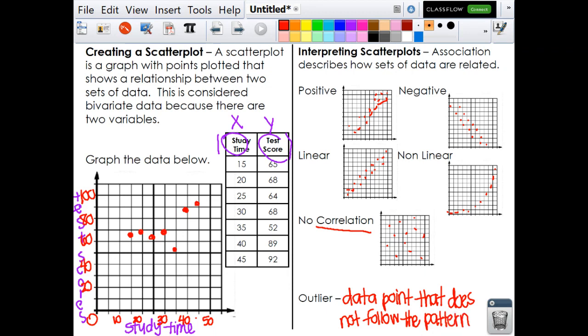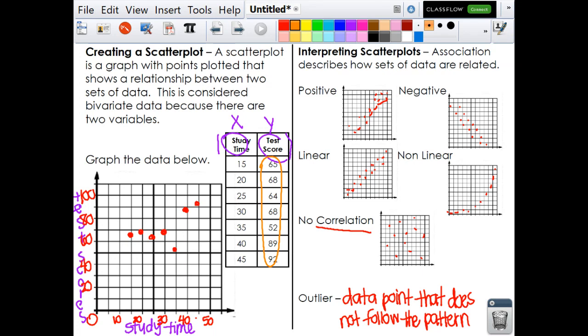So like right here, if I'm looking at my test scores with my study time, what would you say the outlier might be? Tristan? 35, 52. Right, because that's the only one that went down significantly while the test score rose. The rest of them kind of had a steady rise, but that 52 kind of messes it up. Does that make sense? Yes.